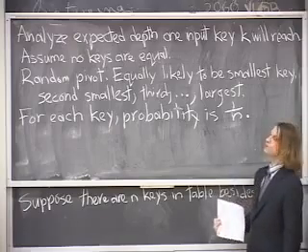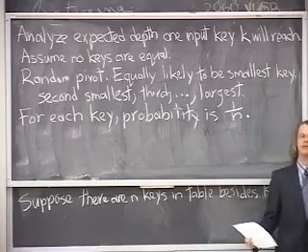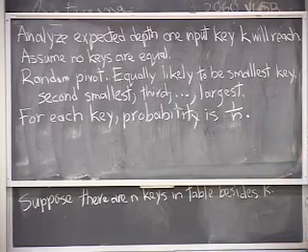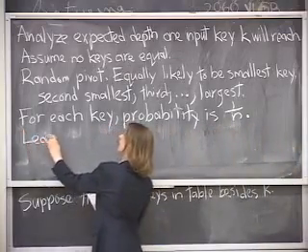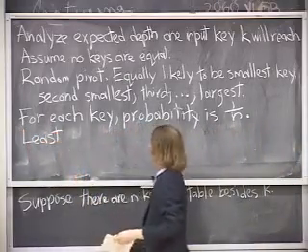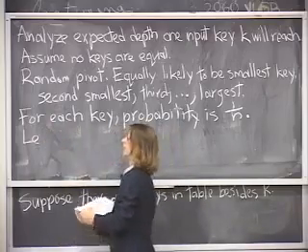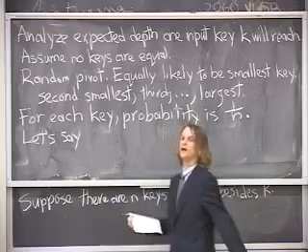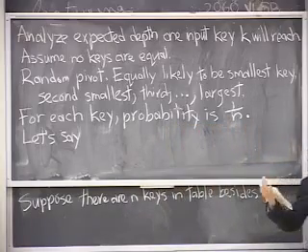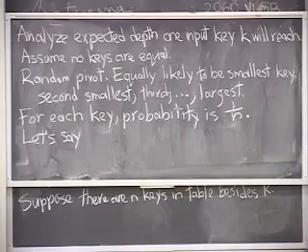And so since we want a reasonably well-balanced partition, let's say that the middle half of the keys are good keys. And the other half of the keys that are not near the middle are the bad keys.